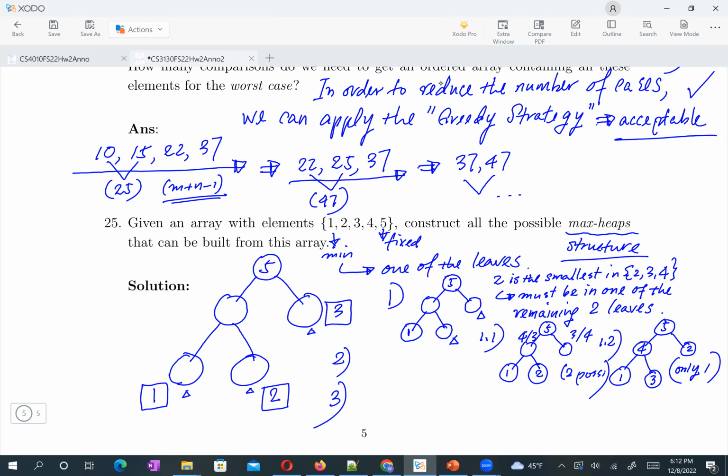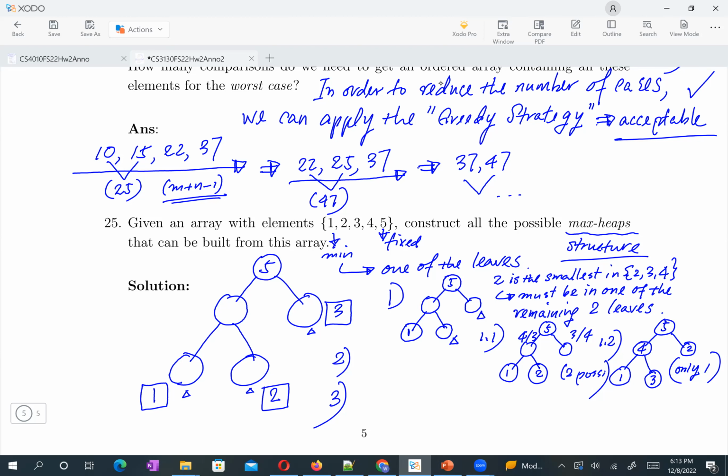I leave some work to you. I use case 1 as an example, so you should complete them this way. All right, so that's this question.